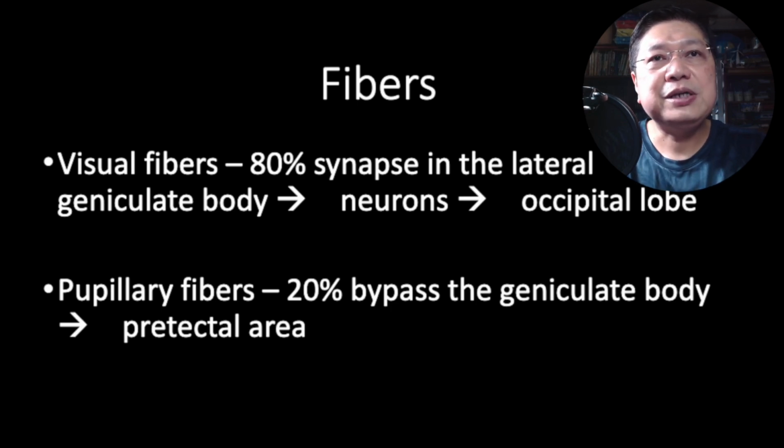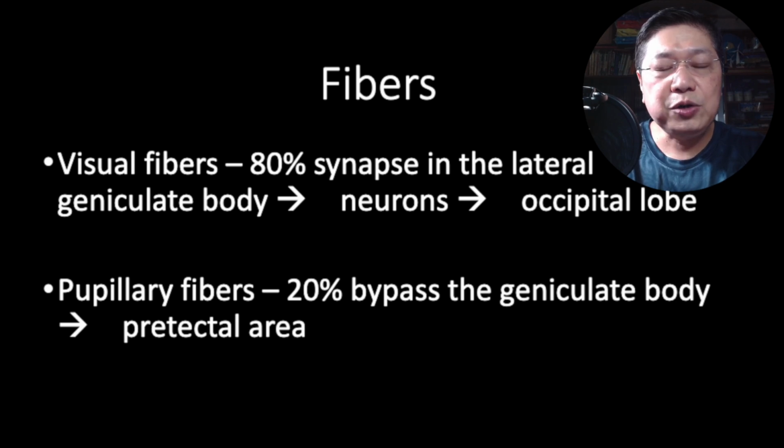Its fibers are 80% visual, meaning your optic nerve is not just about seeing, it also controls your pupils. So 20% of the optic nerve is for your pupillary fibers, and 80% is from the visual fibers, and they go to the lateral geniculate body. And then it connects with the neurons going all the way to the visual center in your occipital lobe.